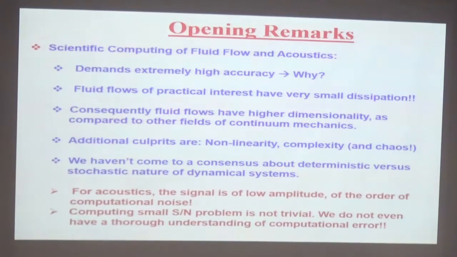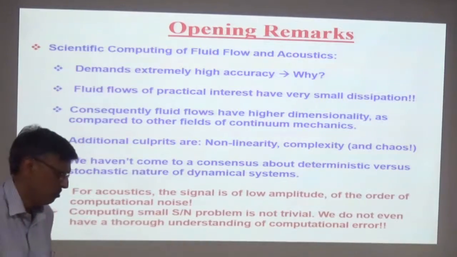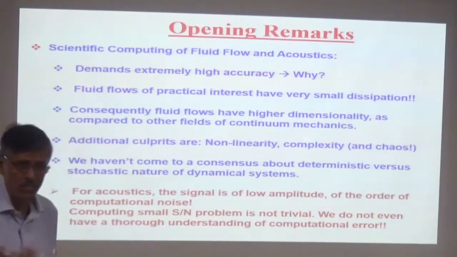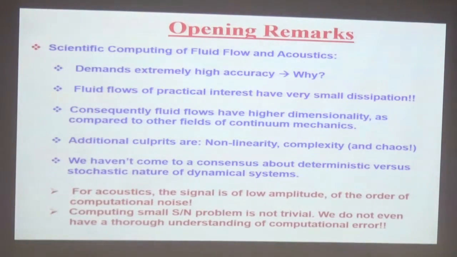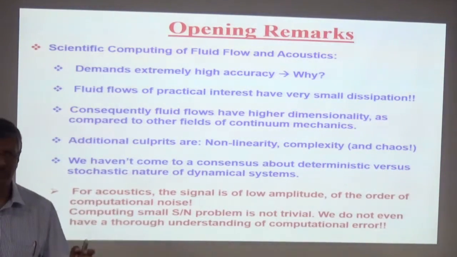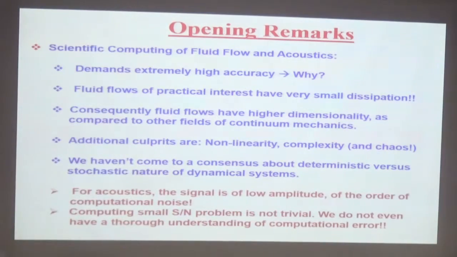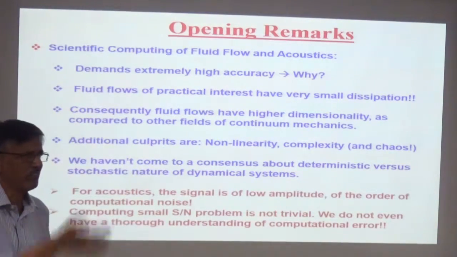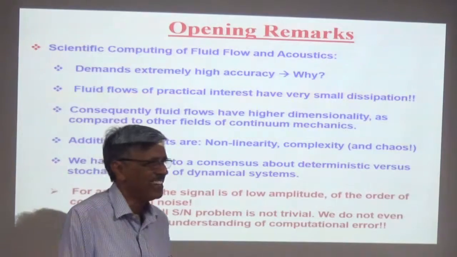Whereas in fluid mechanics, the coefficient of friction, or dynamic viscosity as we call it, is of the order of 10 to the power minus 5. So the fact that you have to solve a problem which has lower dissipation makes the subject rather interesting. Because if you are doing structural dynamics, you'll be happy to get 3 modes, 5 modes, and you say, oh, I have all the mode shapes and everything will be fine, right?